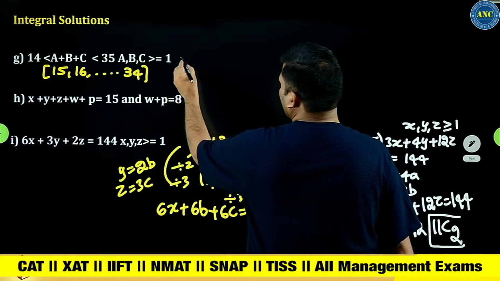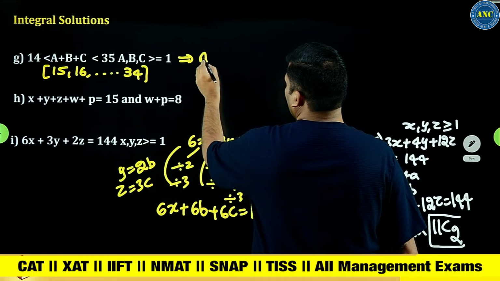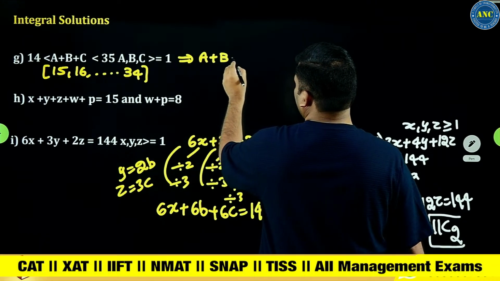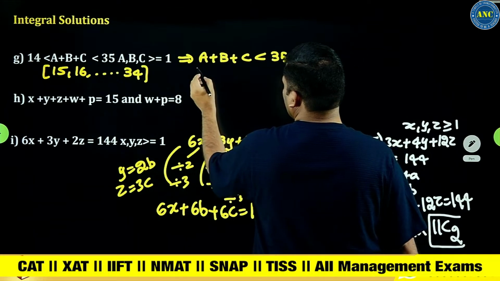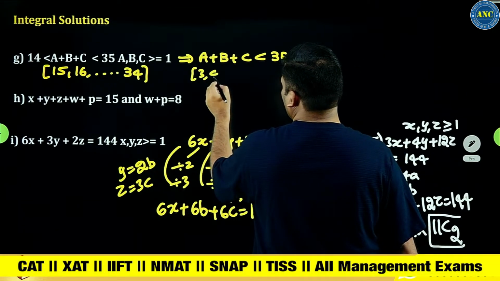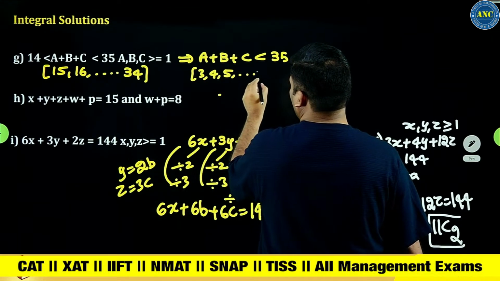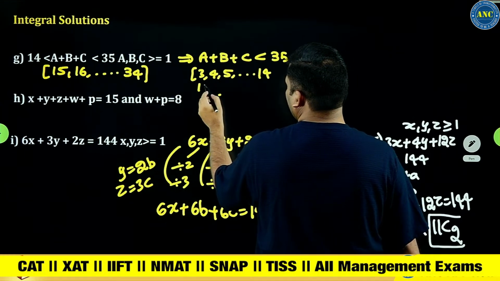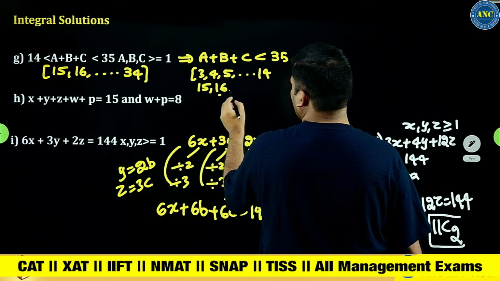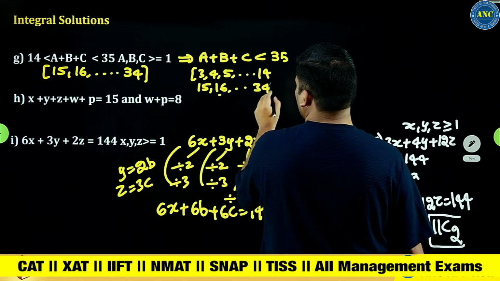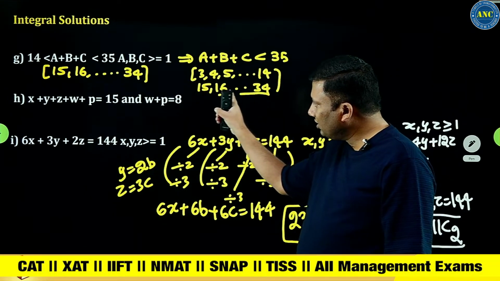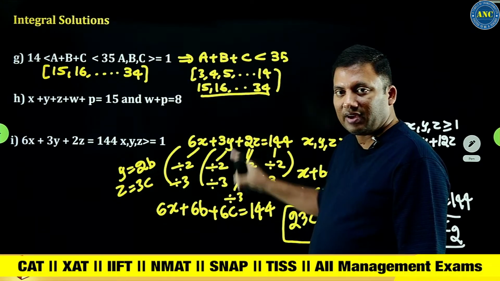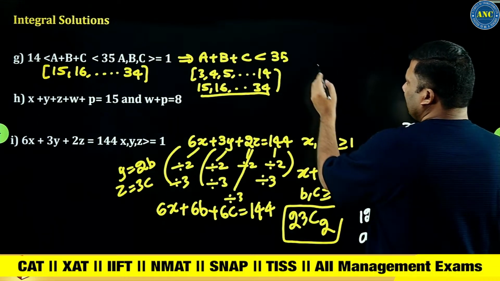That means it is nothing but a plus b plus c less than 35. Less than 35 means 3, 4, 5 and so on up to 14, 15, 16 and so on up to 34, all the values. But I require only these values. All these values should be eliminated.